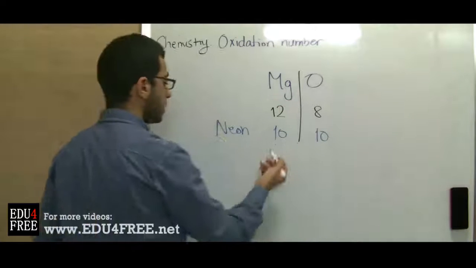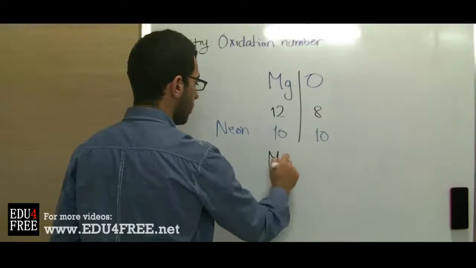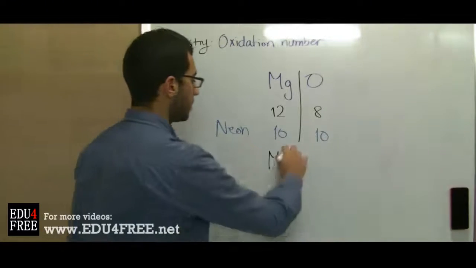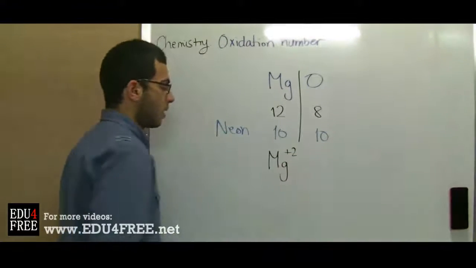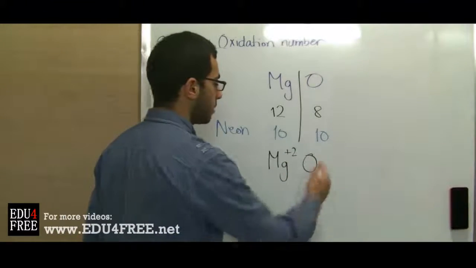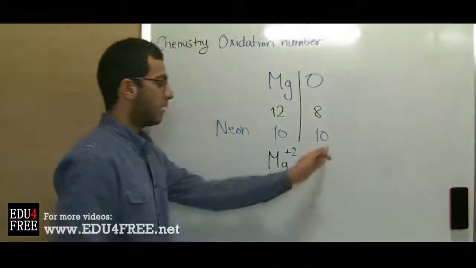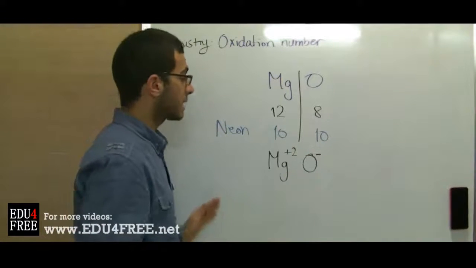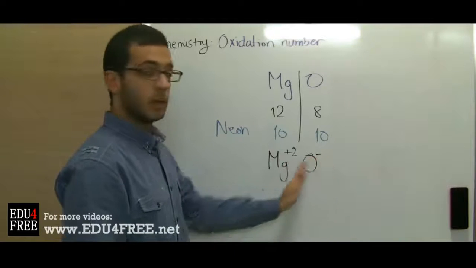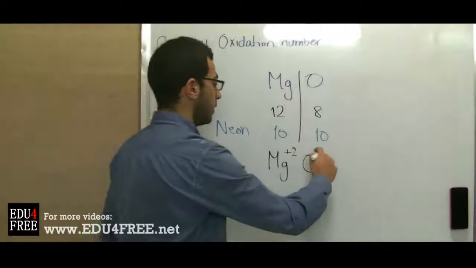So here magnesium loses electrons, so it becomes positive. How many electrons does magnesium lose? It's 2. Oxygen gains electrons, so it's negative. And how many electrons does it gain? It's the same number that magnesium loses. So here we have -2.